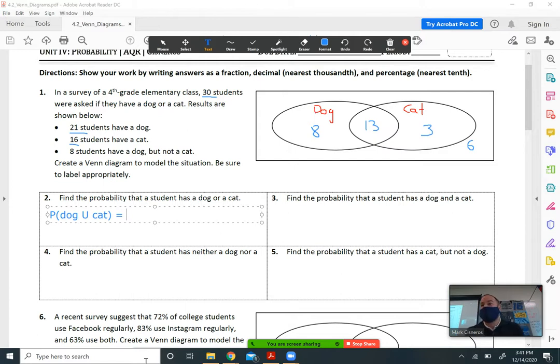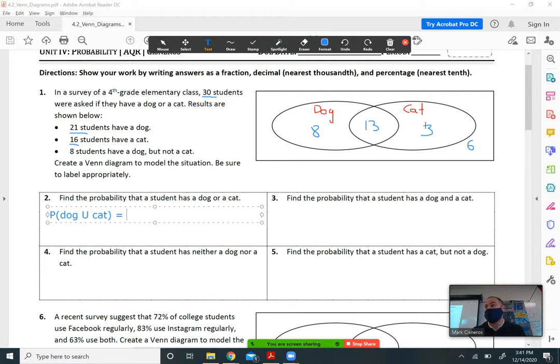Now let's figure out how many students satisfy that. Do these 8 people have a dog or a cat? Yes. Do these 13 people have a dog or a cat?